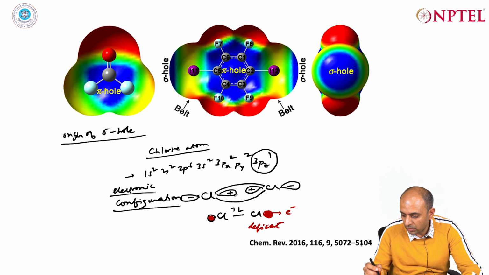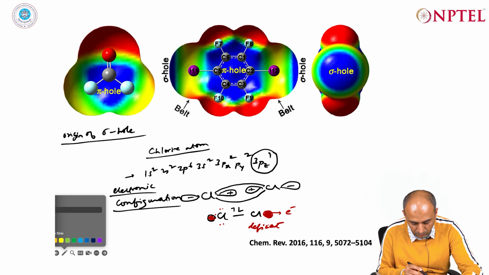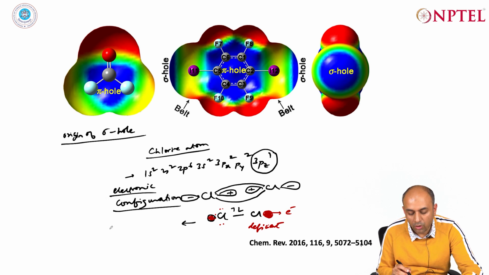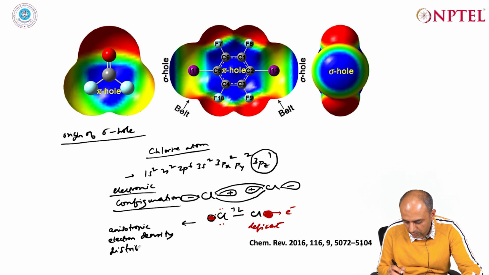and because now the covalent bond formation has taken place and it has got the octet configuration, we have the three lone pairs corresponding to each chlorine atom, and they are now redistributed such that we have an anisotropic electron density distribution around the halogen atom.